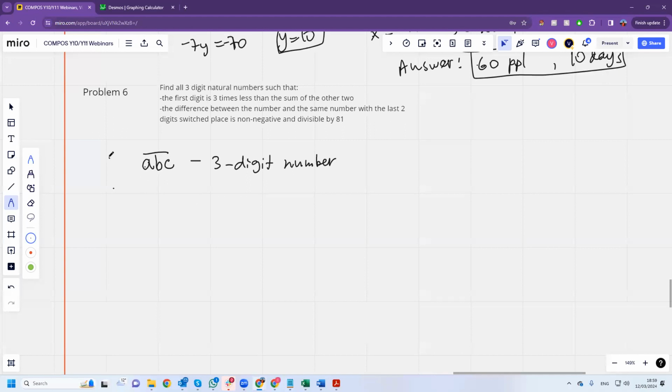And let's call it X is equal to ABC. Let's say example X is 342. That means 3 times 100 plus 4 times 10 plus 2. So we can write X as 100A plus 10B plus C.